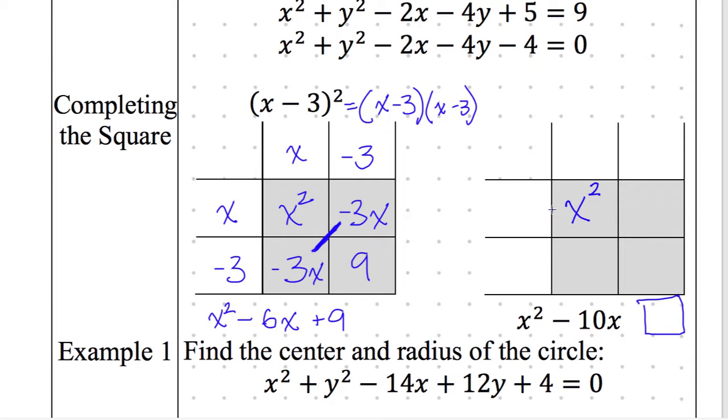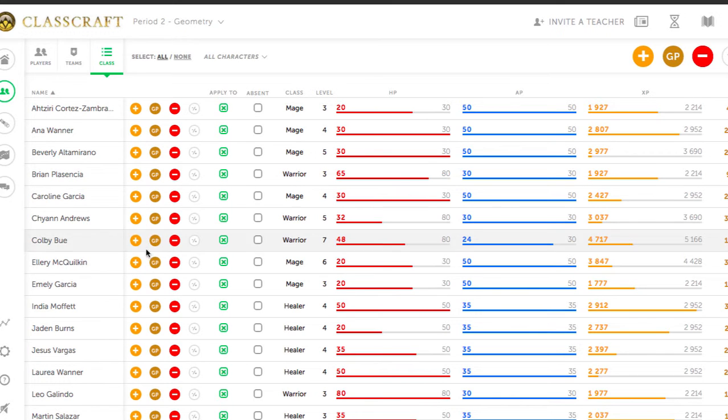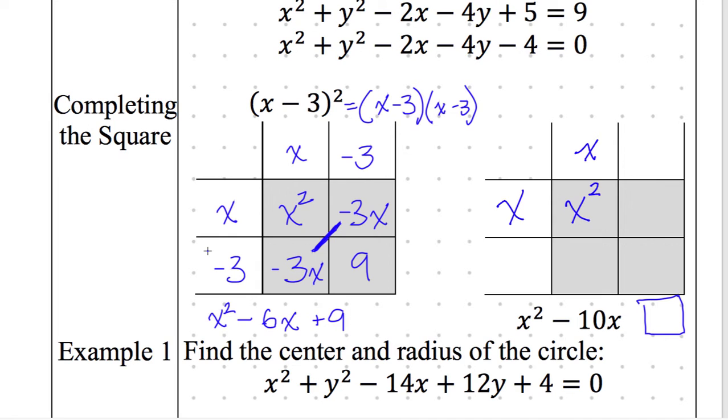Let's make sure that everyone can understand that step, just modeling off of this left square, x and x to make x squared. Ellery has the first part down. Thank you, Ellery. Everyone write this down in your notes. X and x, just like before. X squared is always going to be in the top left when we're doing this type of lesson. So thank you, Ellery. Your XP is now in.